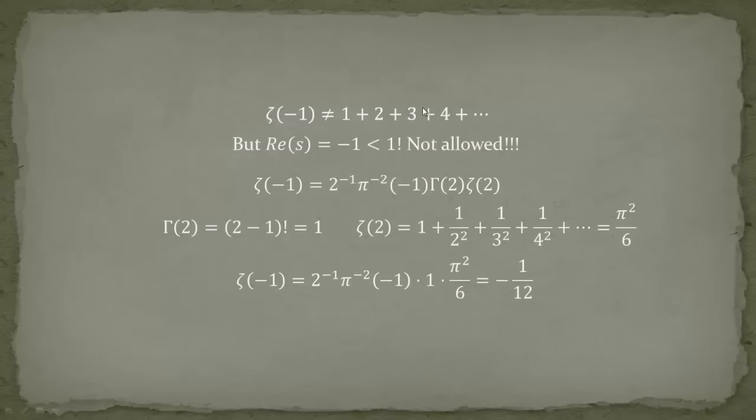And we know that zeta of -1 is not equal to the sum, but one could be tempted to say that adding up all the integer values from 1 to infinity will give you minus 1 over 12, and this is what was used in Numberphile's video.